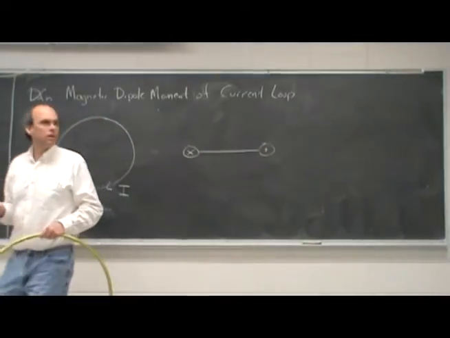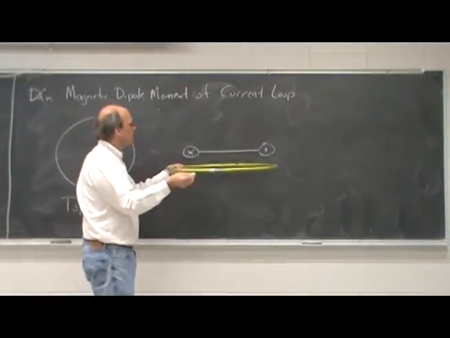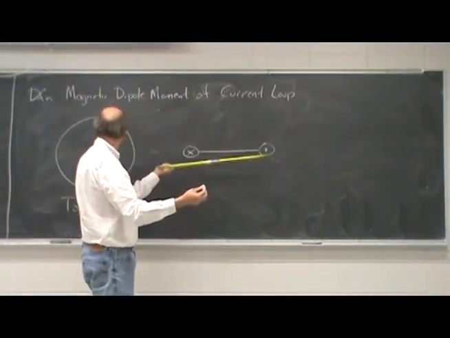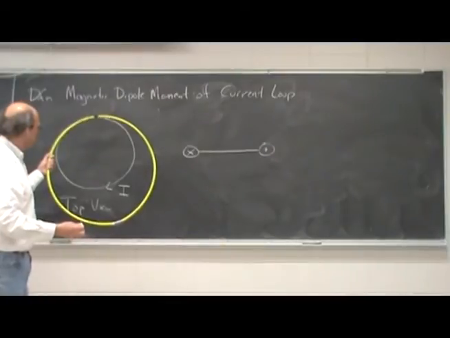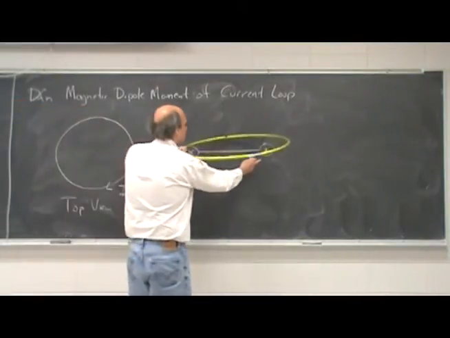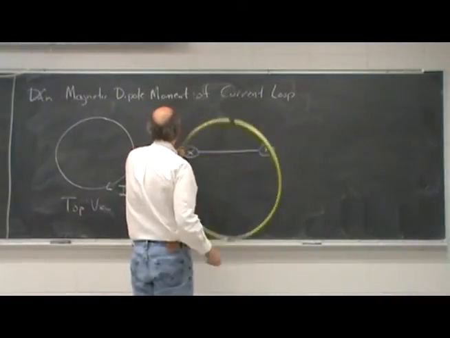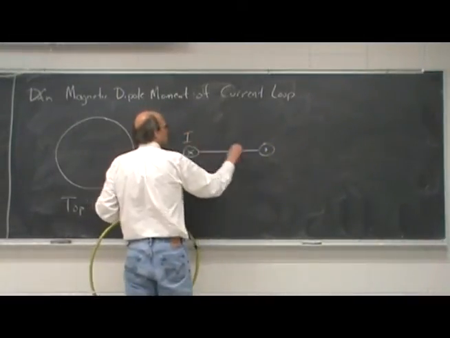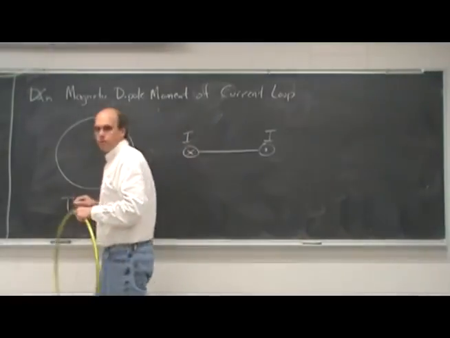So what I'm imagining there is the hoop like this. The current's rotating now. I tipped it up like this, so it's rotating out of the board here and into the board there. So these are the currents flowing around the hoop.